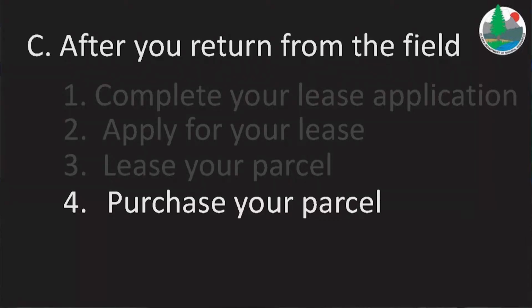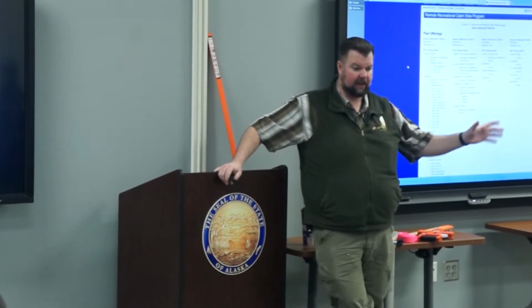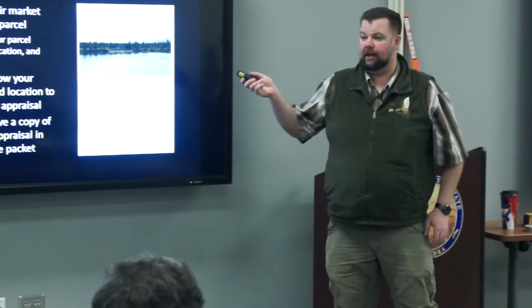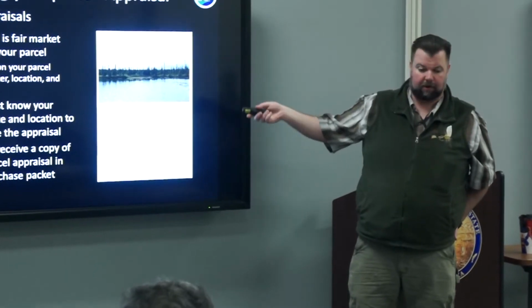So when you get your purchase package, again, the parcel's been surveyed, you come in, sign the plat, the plat's been recorded, we've done our in-house appraisal. The purchase packet will be issued to everybody within that staking area all at the same time. And so you will get in there a rundown on the appraisal for your specific parcel.